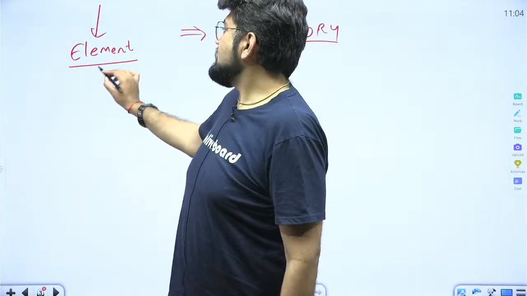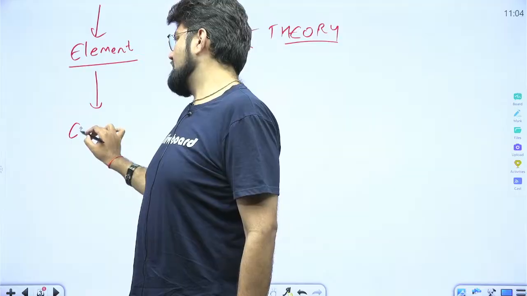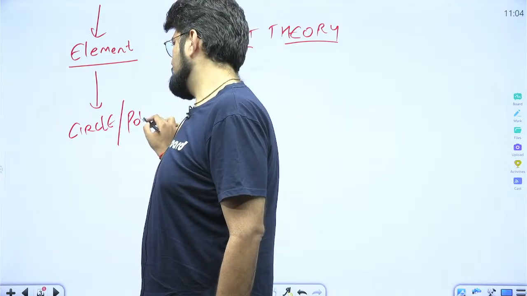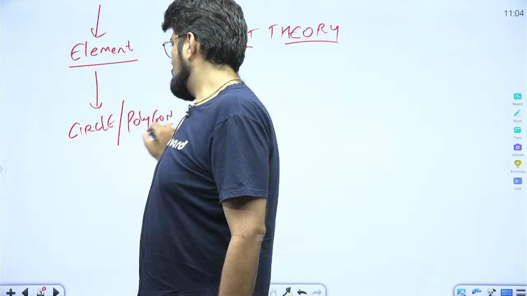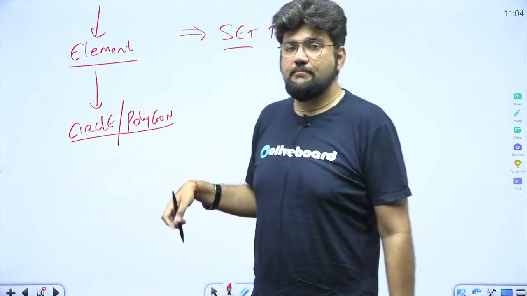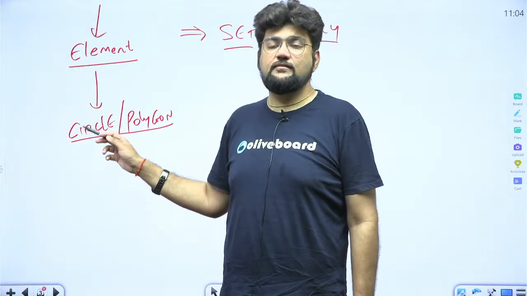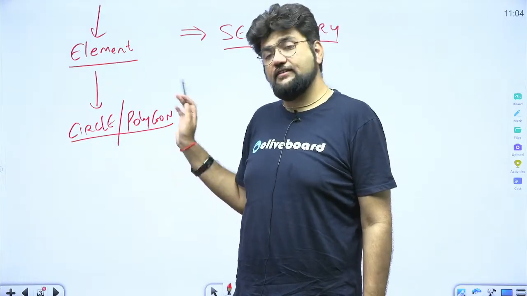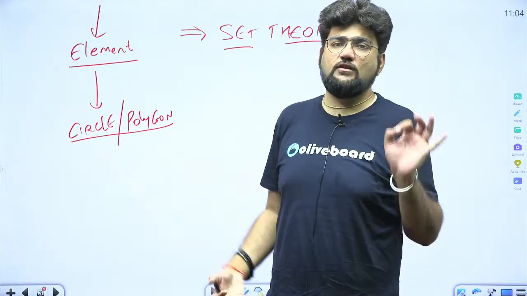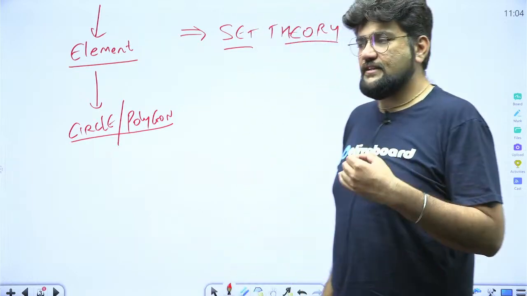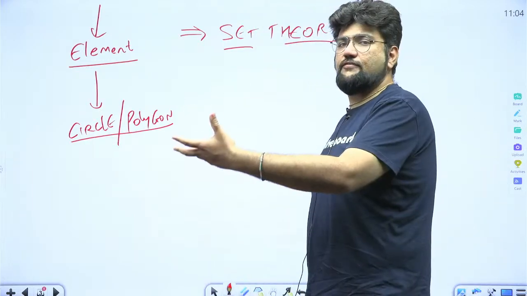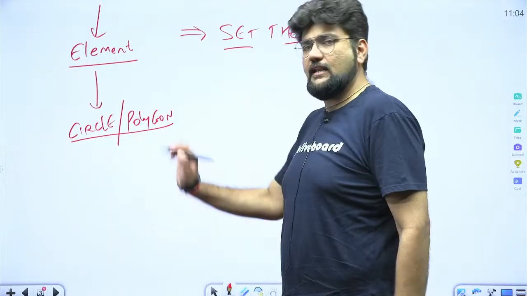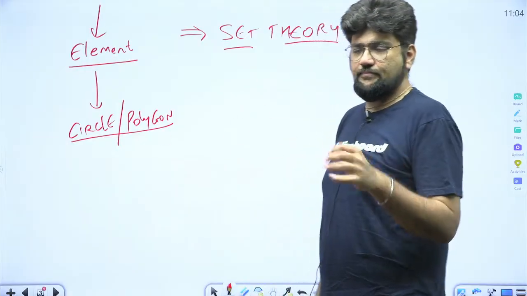Here, each element is represented by a circle or any other closed figure, that is a polygon. All the elements can be represented by circles, or by different polygons, or everything can be mixed. The choice is yours. You can represent each element with a different figure, or all the elements with the same figure, not a problem, because you will label the elements, so it will segregate.